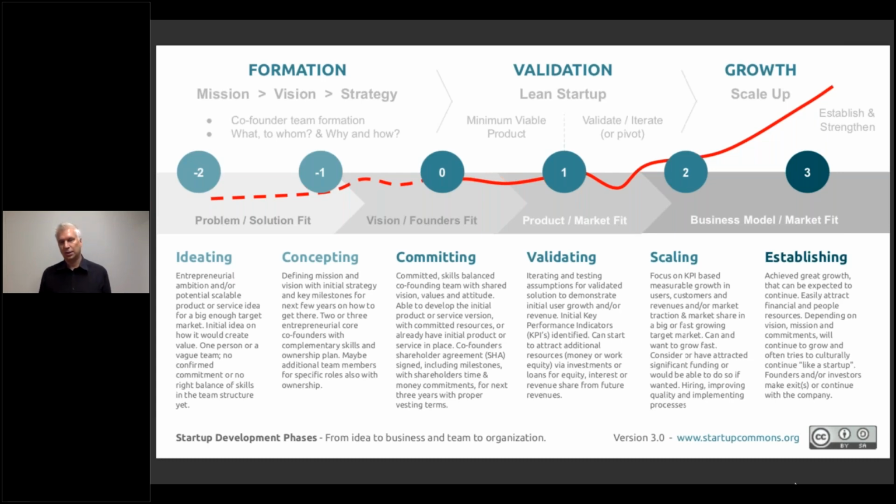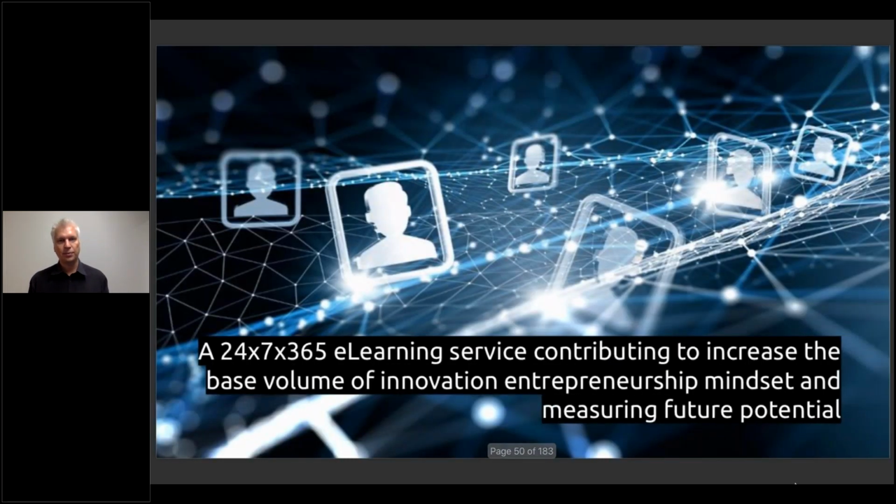So it is each of the pieces of building that culture. So having learning resources that are effective, affordable for everyone who needs those.